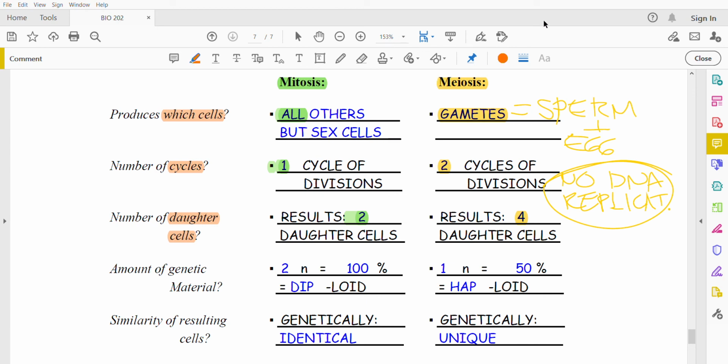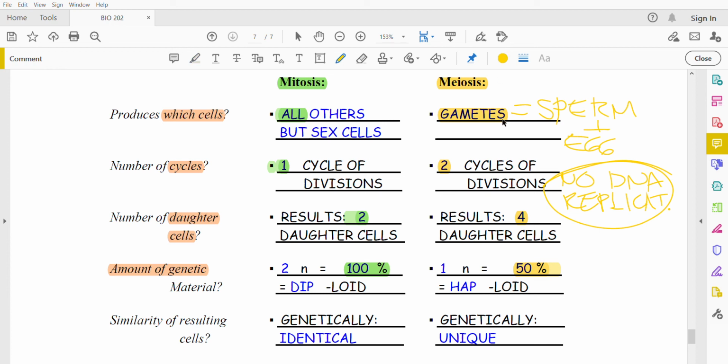How about the amount of the genetic material? How much genetic material do we have in each? Well, in the mitosis, we had 100% of the genetic material in the resulting daughter cells, whereas in the meiosis, the resulting daughter cells had 50% of the DNA in them.